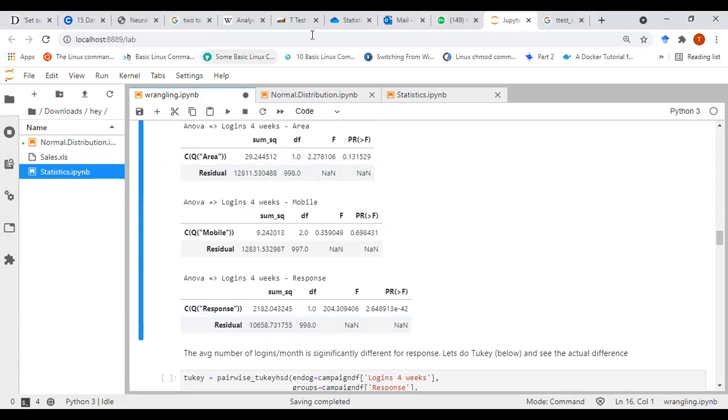So what does this mean? Shabash. Yes, speak up, all of you.